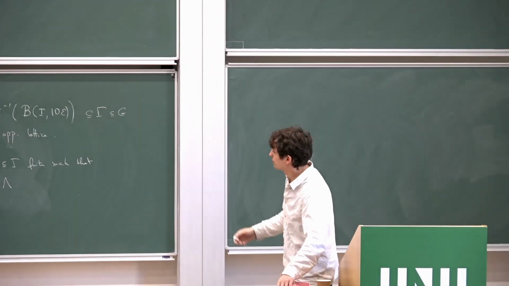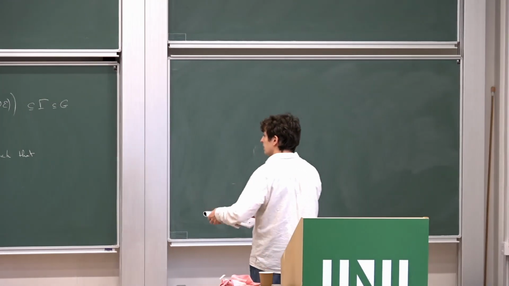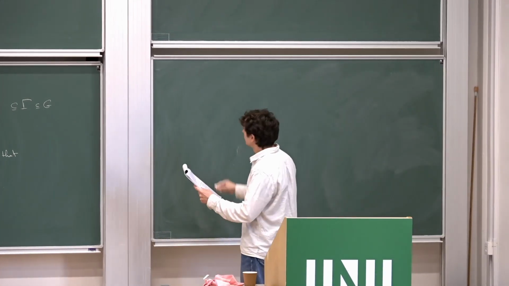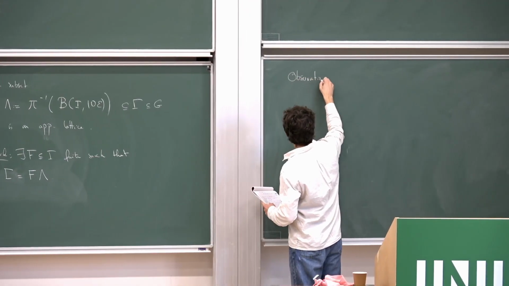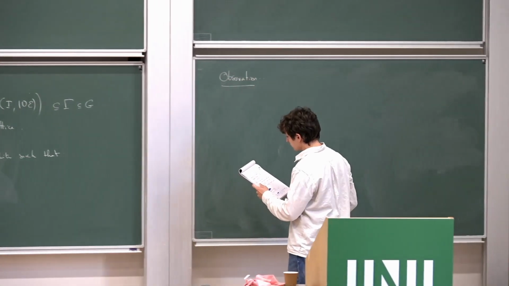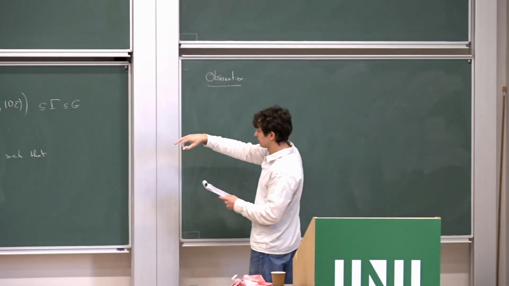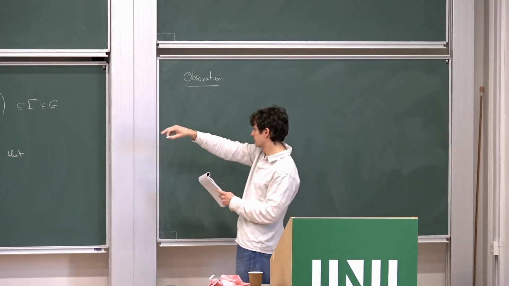That uses the point of view of, say, model theory or additive combinatorics. So here, lambda is still this lambda.